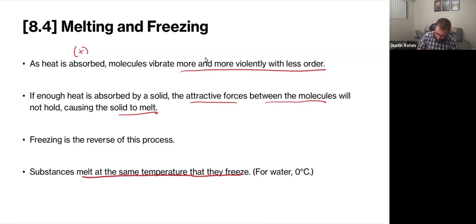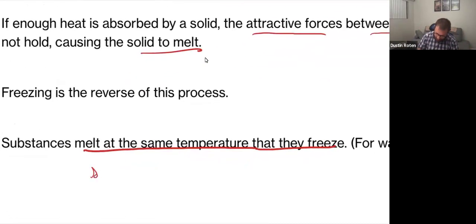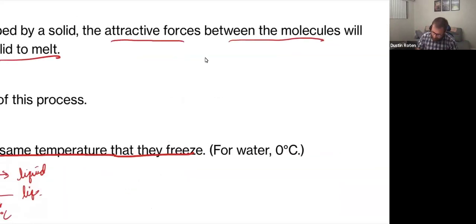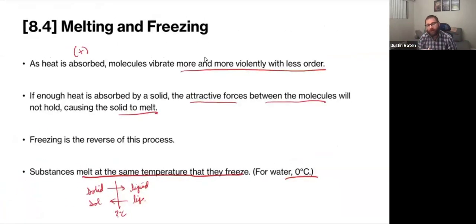So that means whether you're going from solid to liquid, or if you're going from liquid to solid, depending on the substance, for water it's 0 degrees Celsius, the point for these two transitions is going to be the same no matter which direction you're going. And of course, for water, that transition temperature in ordinary everyday life, no vacuums, is 0 degrees Celsius.